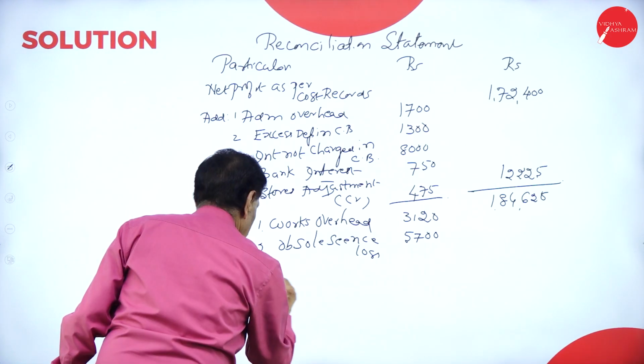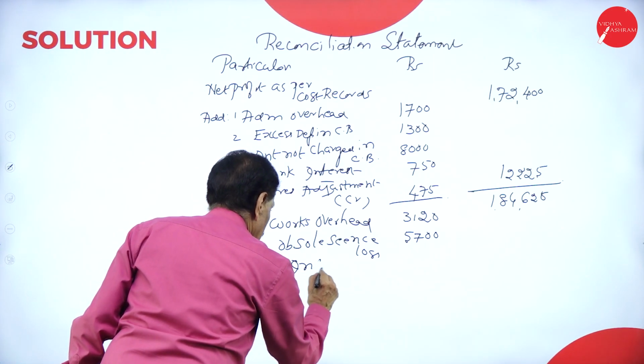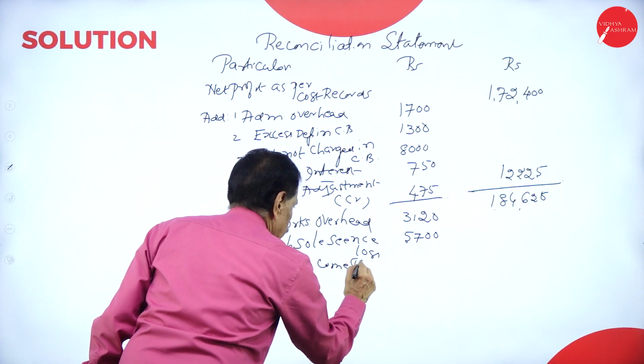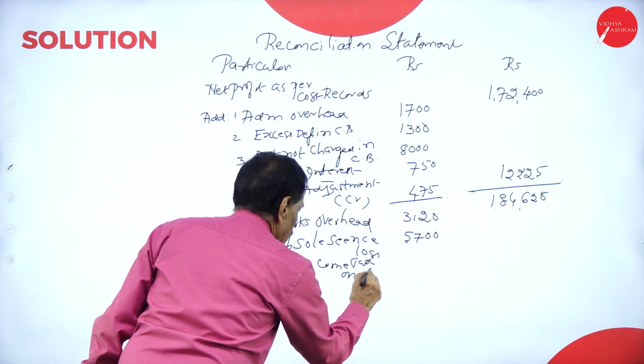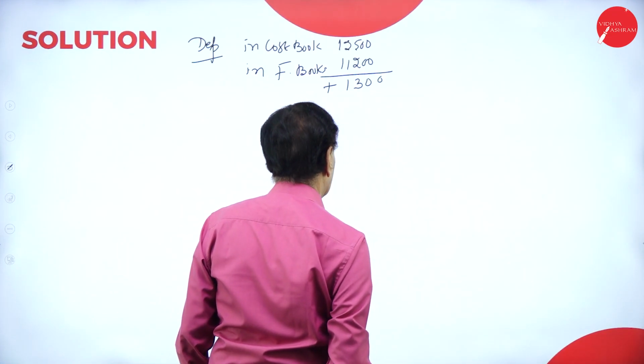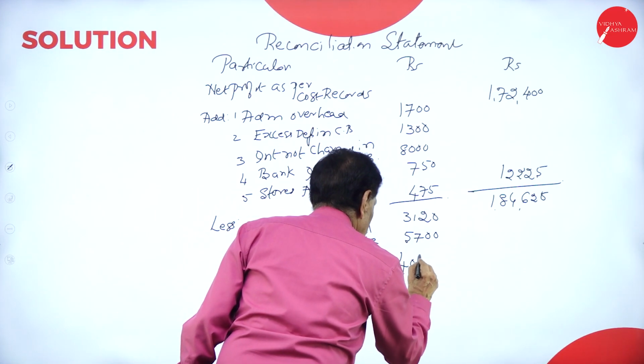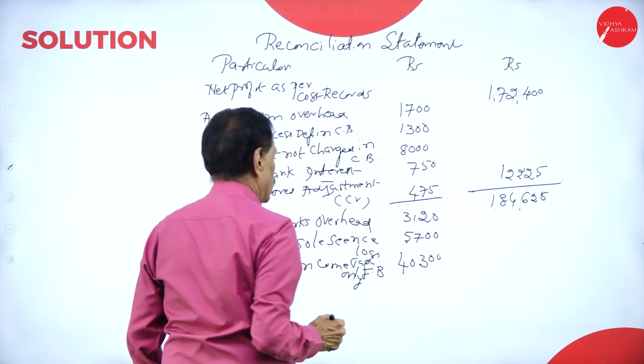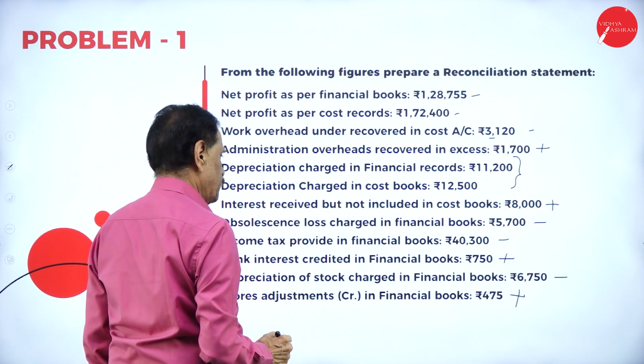Income tax only in financial book. Income tax only in financial book. Then deficient stock.